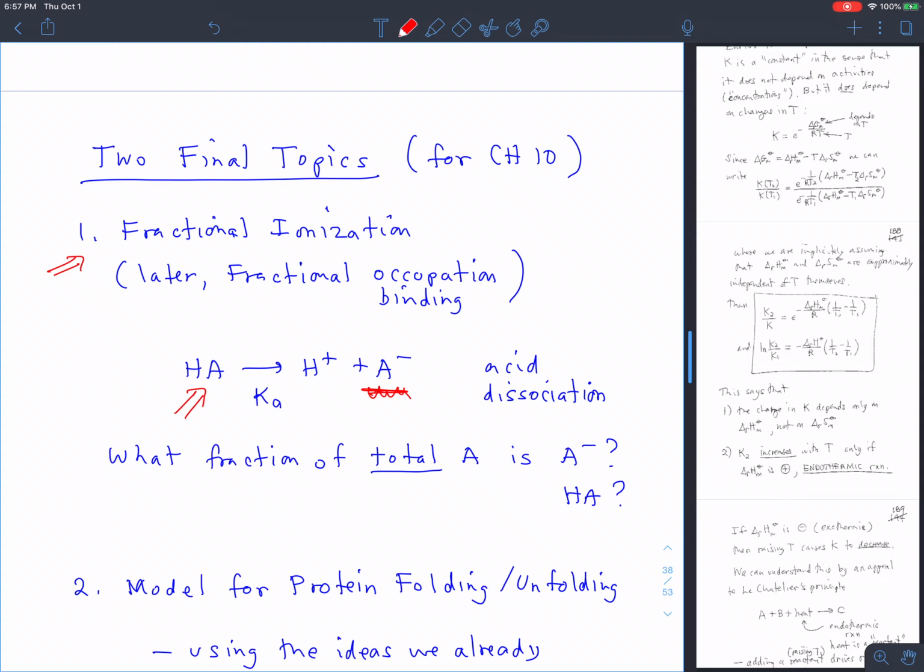Also, exactly the same mathematics and logic gets used for any kind of dissociation reaction, right? This is a dissociation reaction. And in biology, there's a bunch of dissociation reactions because there's a bunch of binding reactions. Dissociation is just the backwards reaction for any binding reaction.